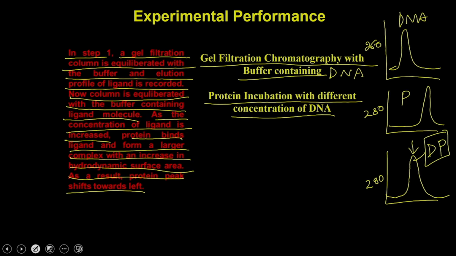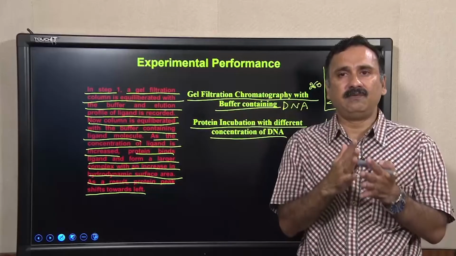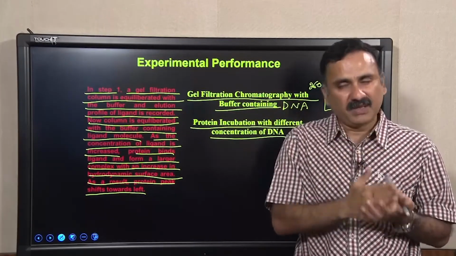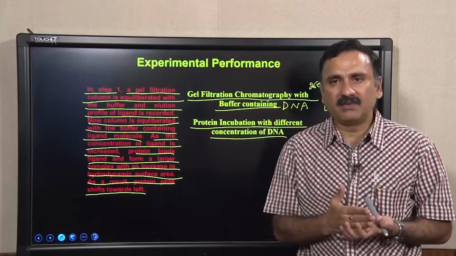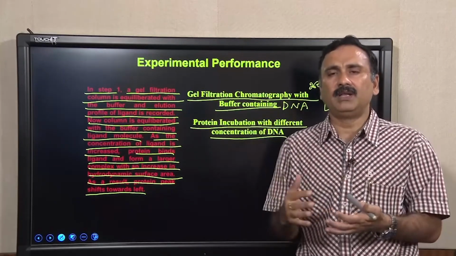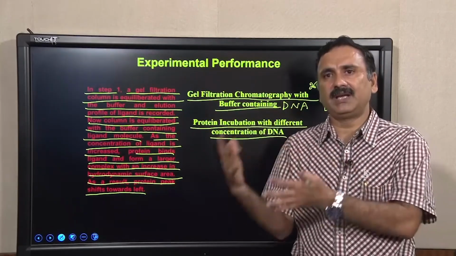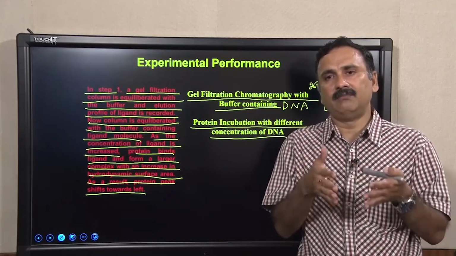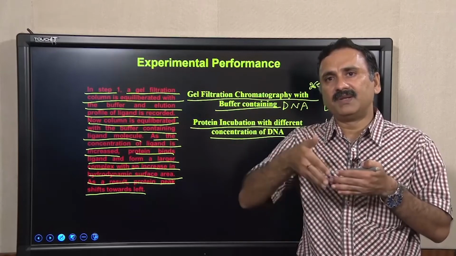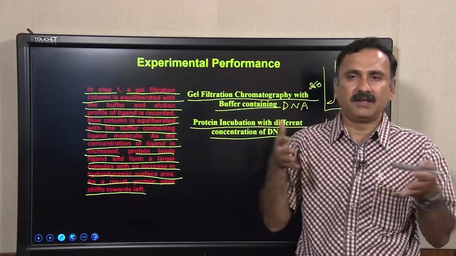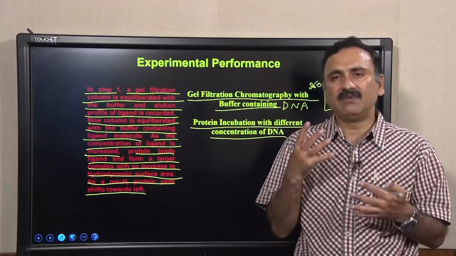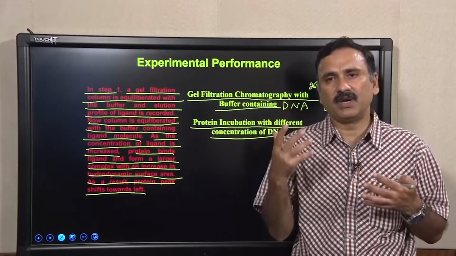Now, the question is, if you get a change in the peak of the protein, that could be specific, or it could be non-specific. Especially in the case of DNA, which is a molecule with very diversified charges and has bases, it provides a lot of positive and negative charges and hydrophobic cores.